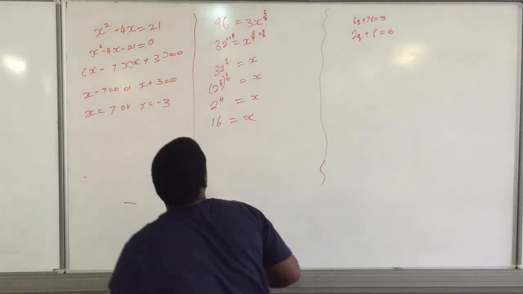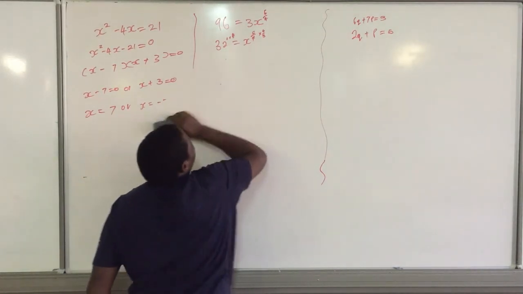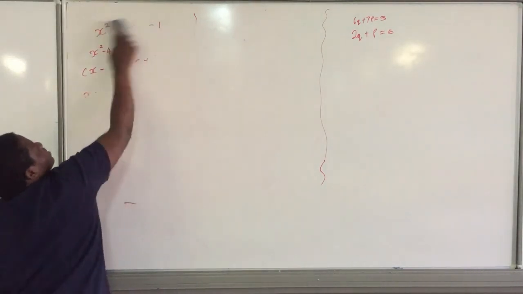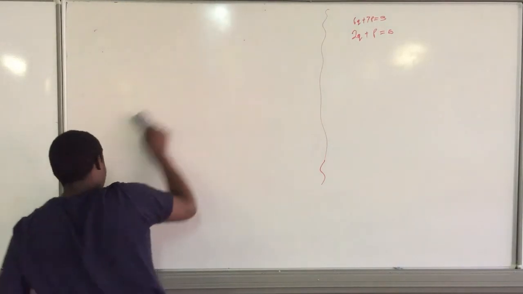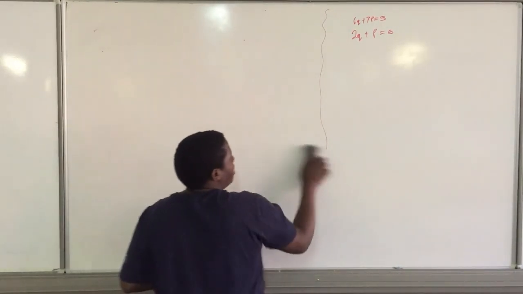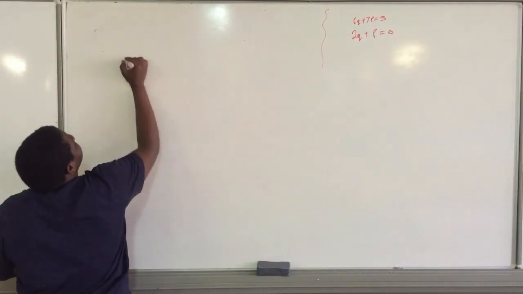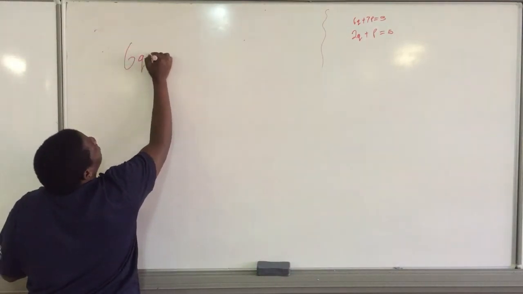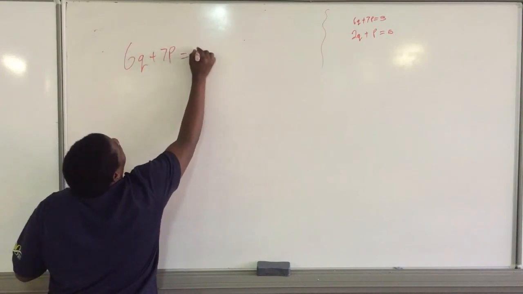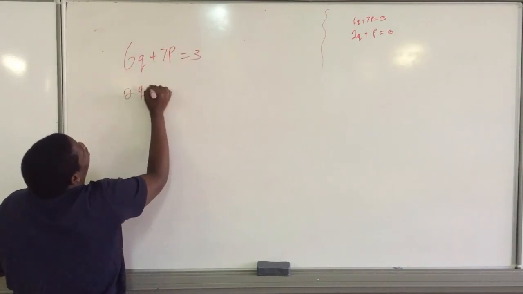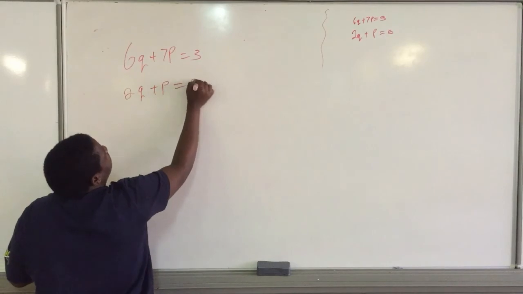Alright, so the final one that I'm going to do with you guys is your simultaneous equation. Simultaneous equation is one form of equations that I've always loved. I took this from your past papers.